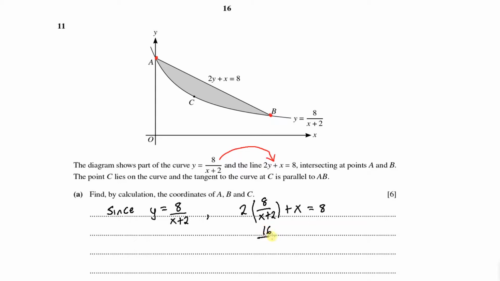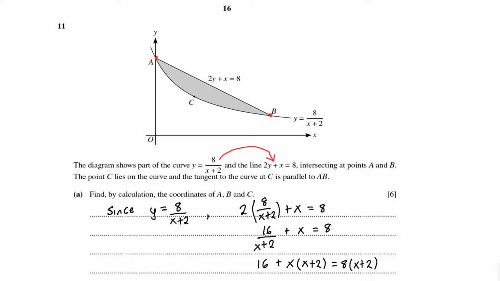So that's 16 over x plus 2, and that's plus x is equal to 8. Now if I multiply all the terms by x plus 2, multiplying x plus 2 here, I get 16, and that's plus, and x times x plus 2, I just get x bracket x plus 2, and 8 times x plus 2, I get 8 bracket x plus 2.